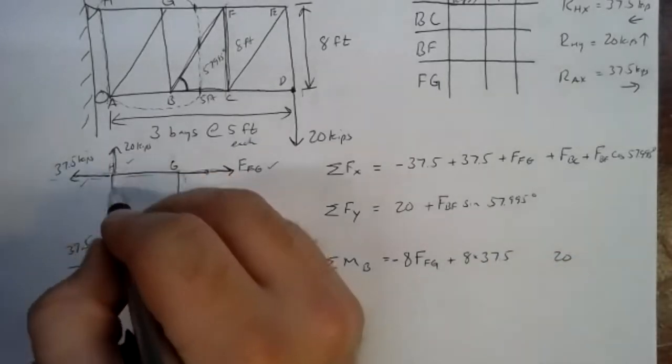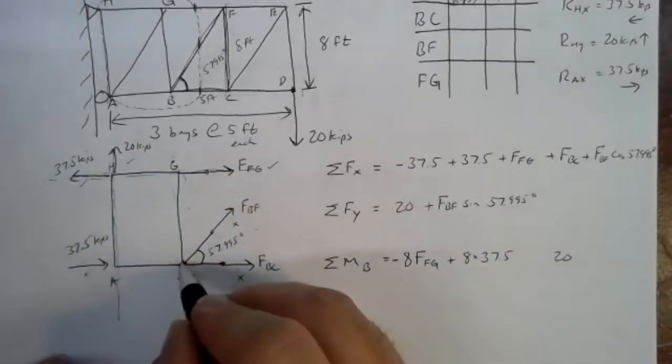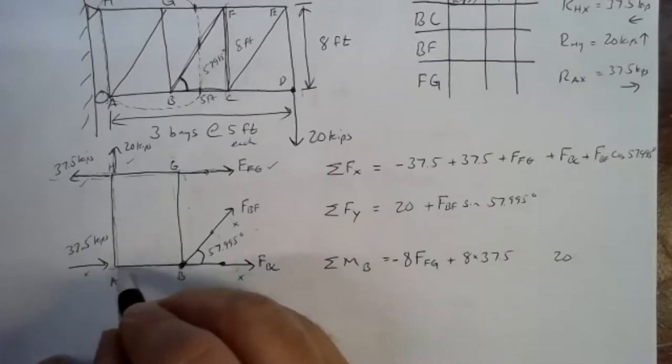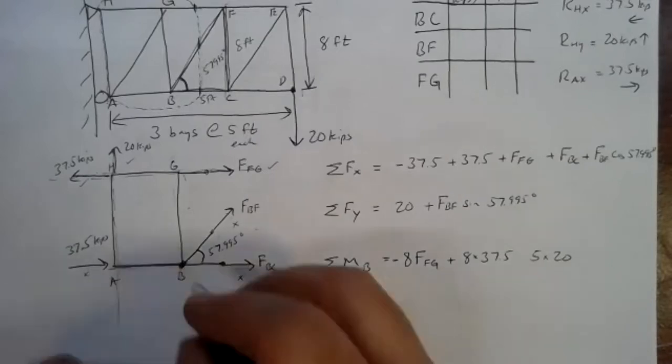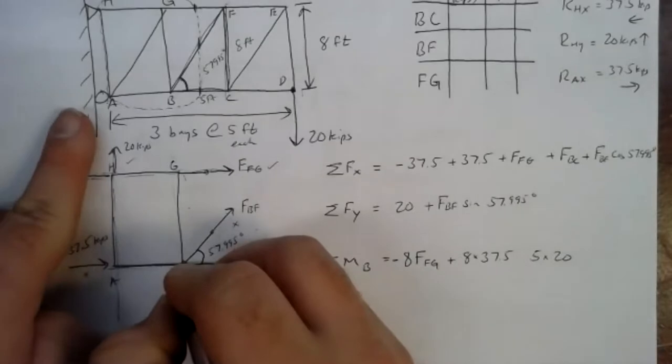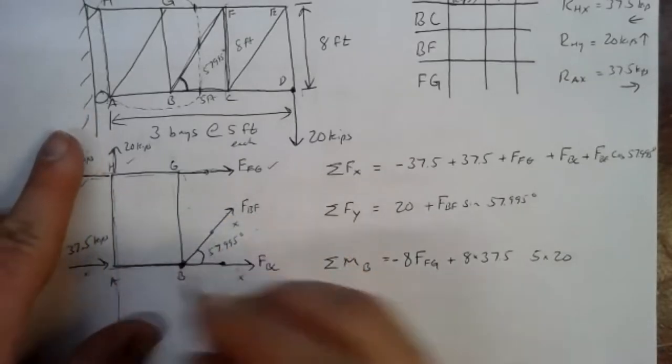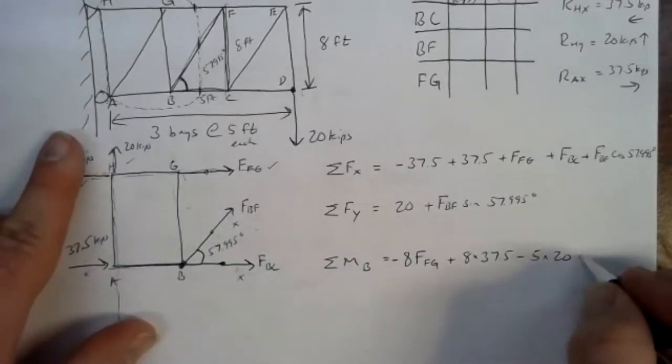The 20 kip force has a vertical line of action. The distance between the pivot point and that line of action is that horizontal distance there, that's 5 feet. So our arm for the 20 kip force is 5 feet. And if we're pinned at B and we pull up at H, that would cause a clockwise rotation, and clockwise rotations are negative.